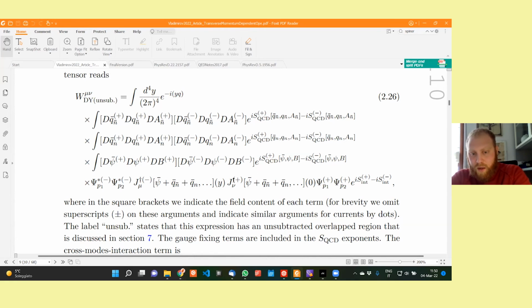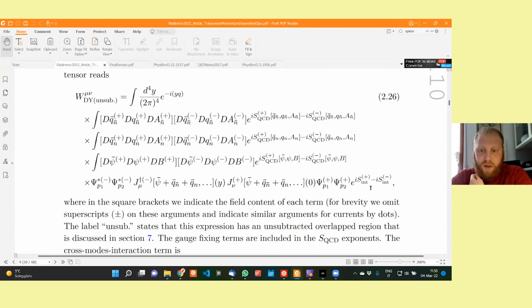And for your current, you get only plus fields: dynamical, n bar, and then n fields. And then you have your ket for P1, P2 built only of plus fields, and everything that is missing from the interaction Lagrangian, from the actions of QCD, is contained in this.